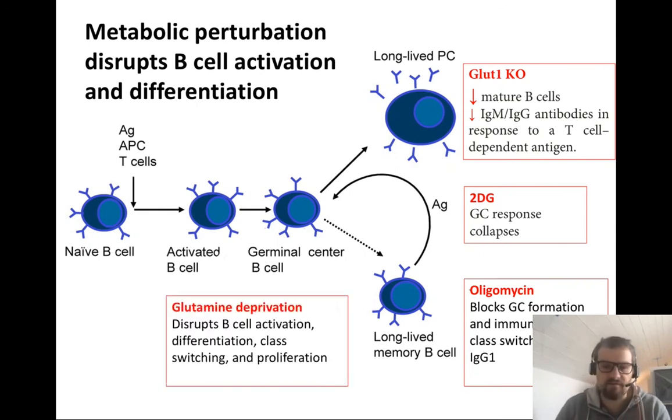Let's not forget other fuels like glutamine. Glutamine deprivation also affects B cell differentiation, activation, class switching and proliferation. As I said in the previous slide, glutamine seems to be a very important fuel for B cells, certainly more so than NK cells, where it is a rather minor fuel.